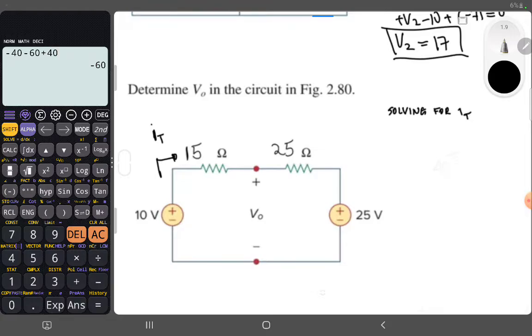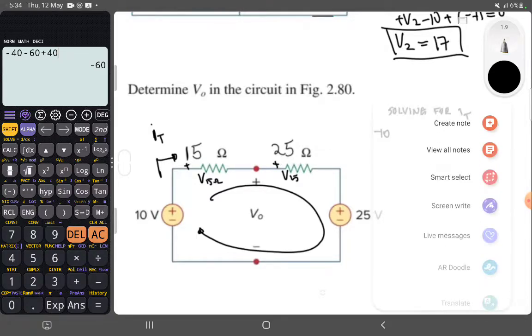Okay, so ang gagawin natin dito, mag-loop lang tayo. Okay, take note na pag walang given na polarity yung ating resistor, it is always positive. The current will always enter to the positive side because the resistor will always absorb power. Okay, so ang gagawin natin dito, I will have negative 10 volts plus, let's say I will have my V15 ohm and my V25 ohm.